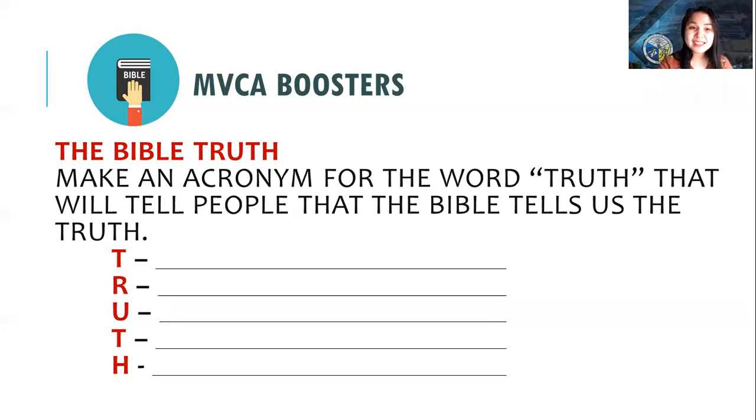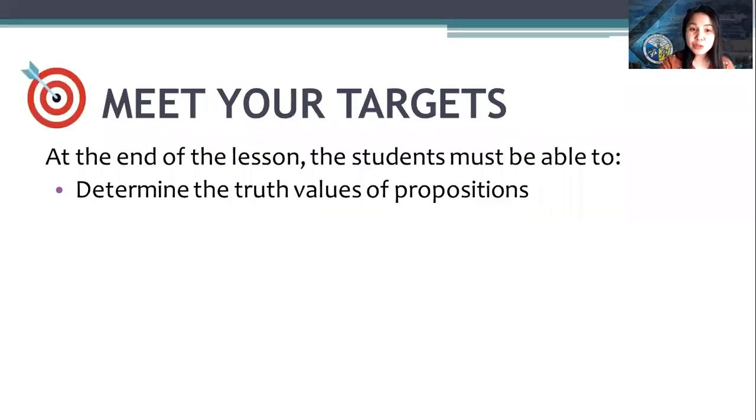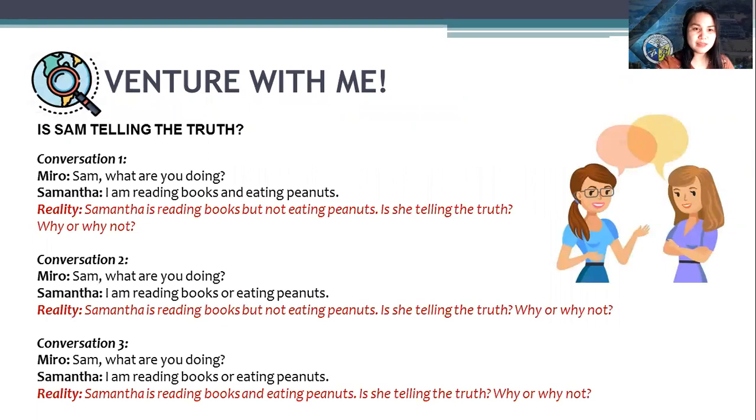At the end of this class, we'll be able to determine the truth values of propositions. Now, here's a given scenario for your venture activity. Prepare your chat boxes to share your ideas with me. Here's the first conversation. Mira asked, Sam, what are you doing?